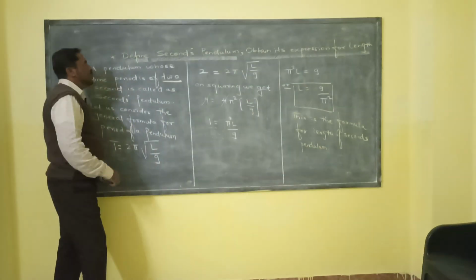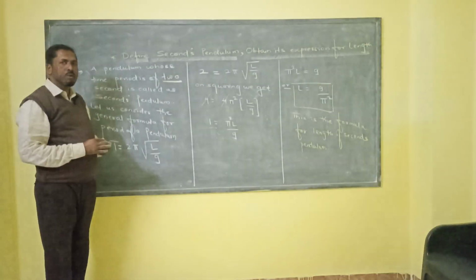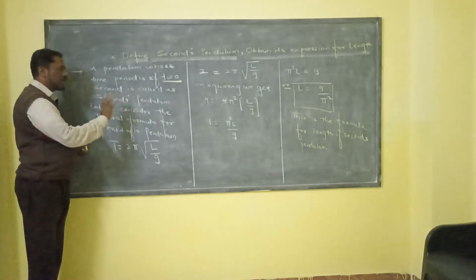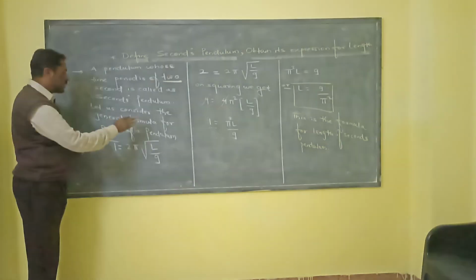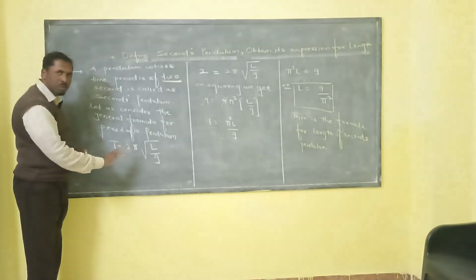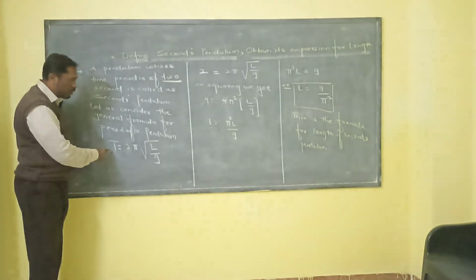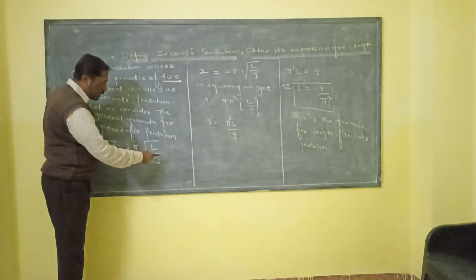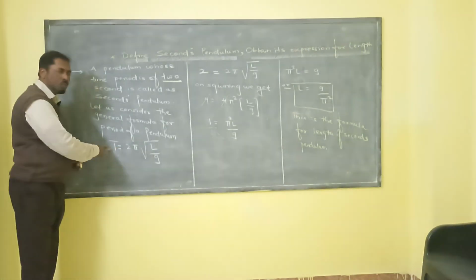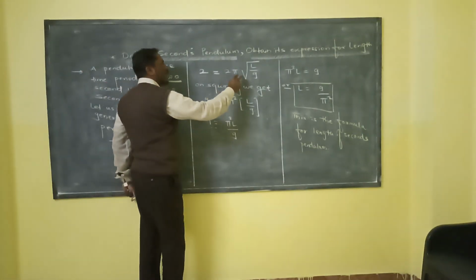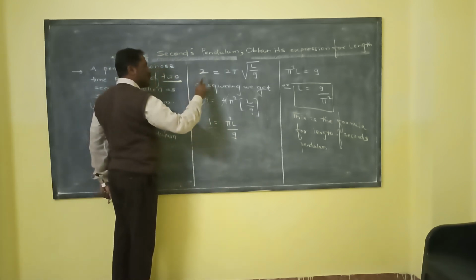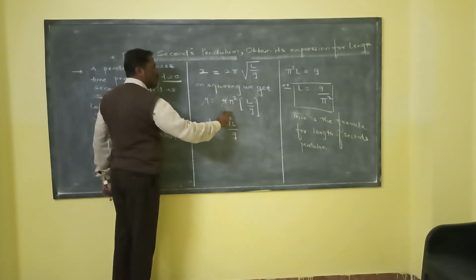So what we have seen here: seconds pendulum, a pendulum whose time period is of 2 seconds. Let us consider the general formula for period of a pendulum, T is equal to 2 pi under root L upon G, where T is the time period of a pendulum, L is the length of the string, G is the acceleration due to gravity. Put the value of time period 2. So 2 is equal to 2 pi under root L upon G. On squaring, we get the square of 2, 4, and the square of 2 pi, 4 pi square.